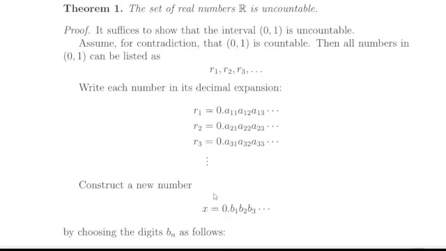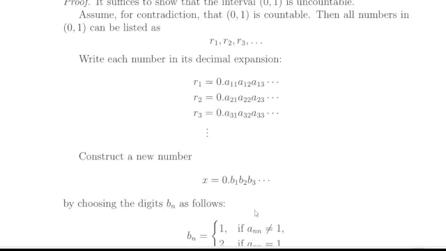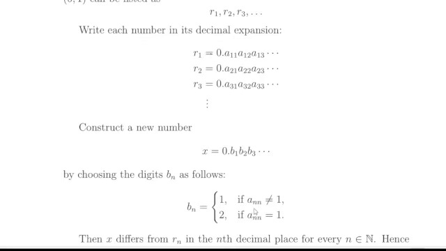And then we're going to construct a new number. So the new number, we'll just call it 0.B1, B2, B3. And we're going to choose the digits such that B1 represents the first digit in the first number. So that's A11. So if A11 is equal to 1, then we're going to say this is 2.